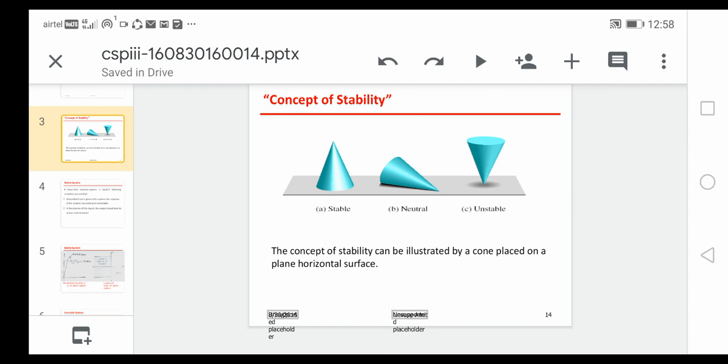So that type of system we call a stable system. If it falls like this, we call it marginally stable. In the third case, it is not possible to place the cone like that. In that particular case, it will be an unstable system.